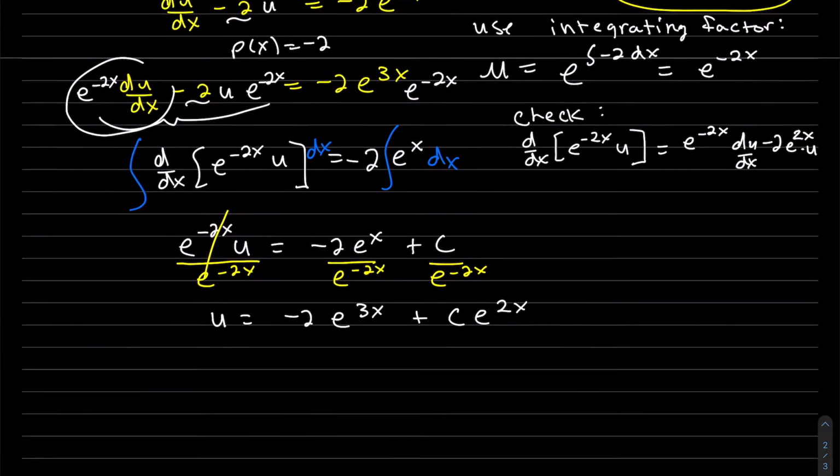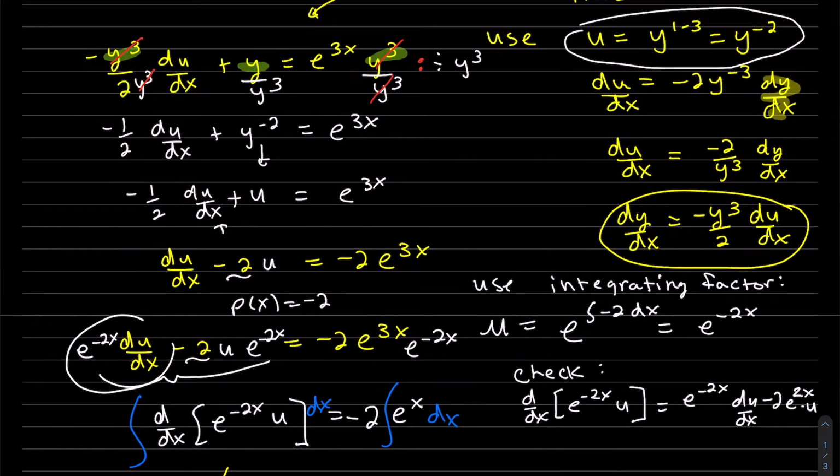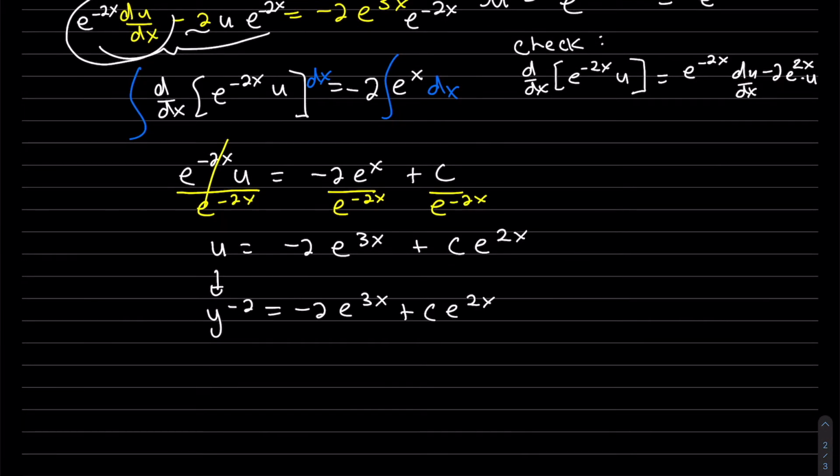And let's back substitute. u was y to the minus 2 up here. And if we want to solve for y, we could do that. Take the reciprocal of both sides, since that is 1 over y squared.